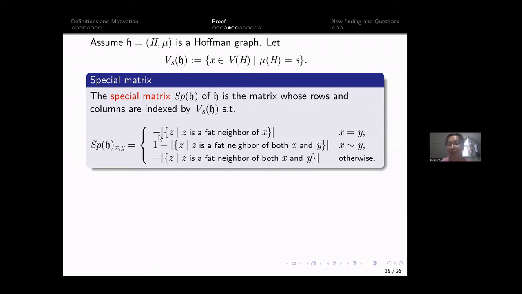And for the off-diagonal entries, let's say XY, if these two vertices are adjacent, then this entry is 1 minus the number of their common fat neighbors. And if these two vertices are not adjacent, then it is the minus of their number of common fat neighbors.